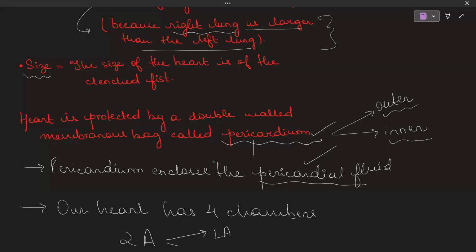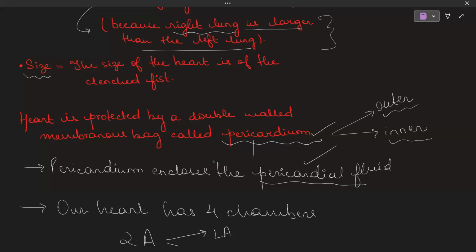To avoid friction. Correct. Also, when the heart beats, it has to contract and relax, so for the easy activity of the heart, the pericardial fluid is also there.